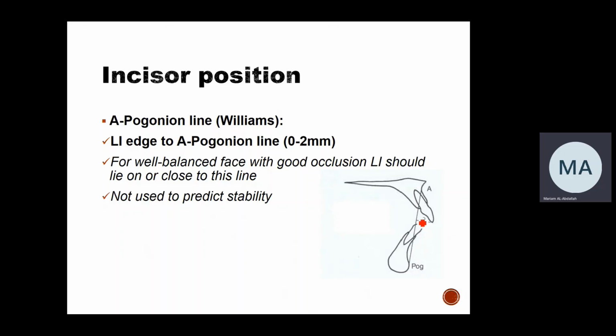It's the lower incisal edge to the A-Pogonion line. In a well-balanced face with good occlusion, the lower incisor should be at or slightly ahead of the A-Pogonion line. So it's 0 to 2 mm, the normal for the lower incisal edge. It is not used to predict stability. It's mainly for aesthetics.